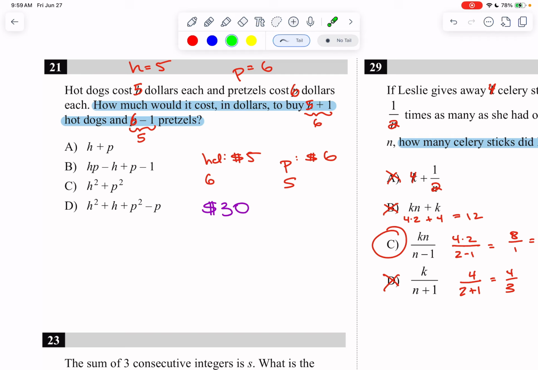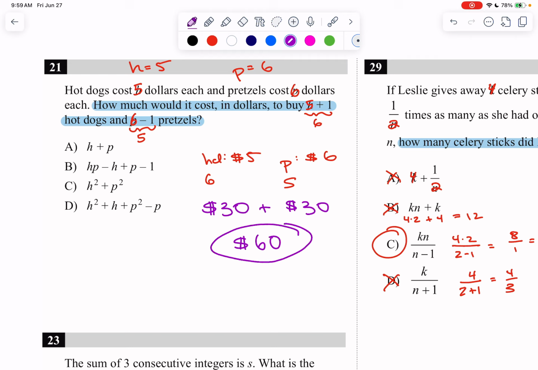And if pretzels cost $6 each and I'm buying 5 of them, well, that would also cost me $30 just by multiplying them together. So if I add those together, it's going to cost me $60 to buy 6 hot dogs and 5 pretzels. So the answer I'm looking for is 60, my H is 5, and my P is 6. Now, if I'm looking at answer choice A, that would be 5 plus 6. Oh, that's just 11. That's not what I wanted, right?